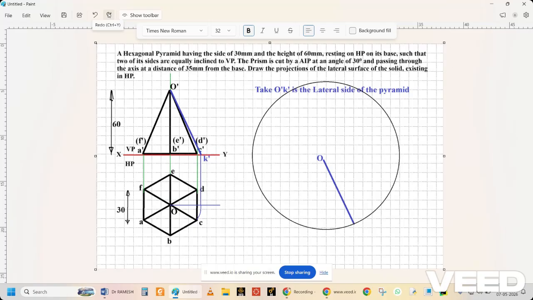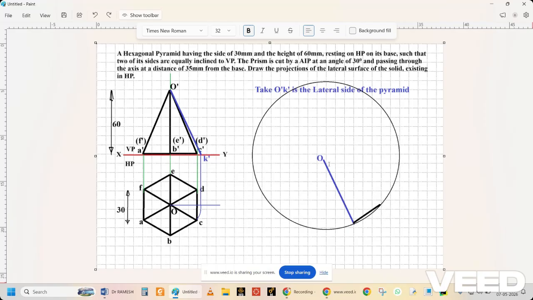We don't need to construct a circle, we can go for an arc, but for your understanding, I made this circle. So in that circle, I am marking this base point. From this base point, I am projecting at a distance of 30 mm. This 30 mm is drawn by means of a compass.